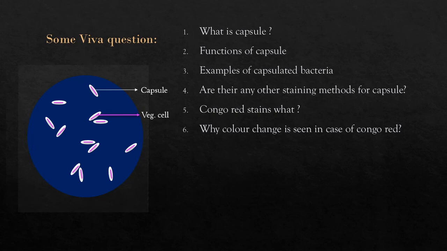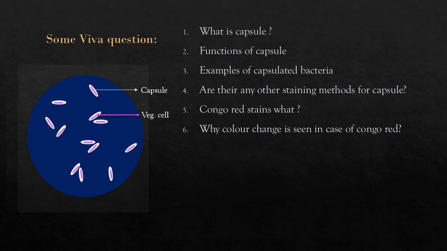Now we will see the practical viva questions. Some easy questions you may get, and not only for Maneval's technique but for any other capsule staining technique, are common questions: what is a capsule, what is the function of a capsule, give some examples of capsulated bacteria.